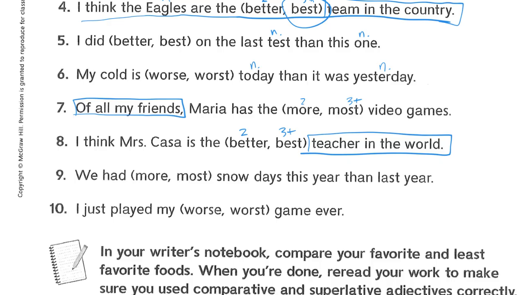So I'm comparing the snow days we had this year to snow days we had last year. And this might be a tricky one because this says snow days. Okay? But we're talking about snow days in a year. And then we're talking about snow days in a different year. So we're comparing two things, even though it looks like we're talking about lots of different things.